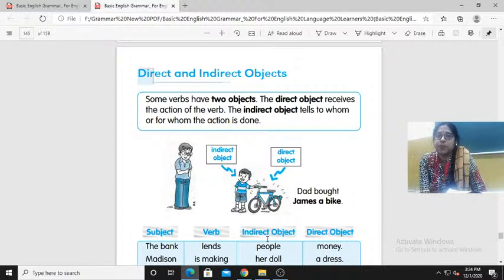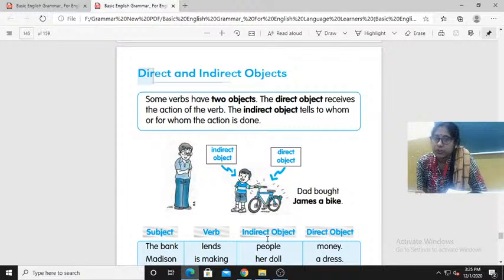Suppose I say, I ate this. Okay, I ate this. So only this is the object here. Okay, my mother gives me a pen. If I say my mother gives me a pen, here the objects are two.